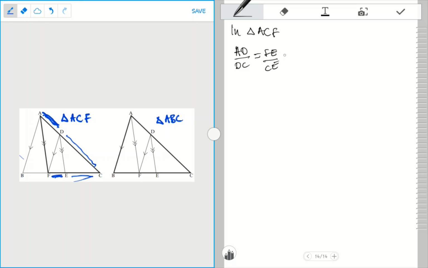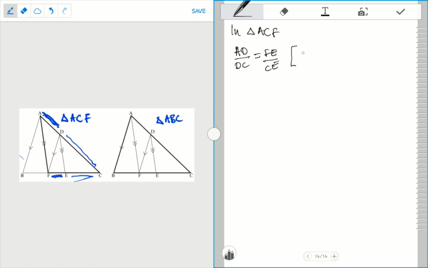And then you don't have to forget the reason. Now the reason is what? AF. I told you in the other video how to write these reasons, because they have a mark, DE, and then the proportional theorem.